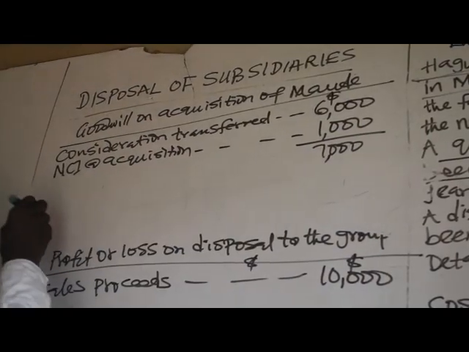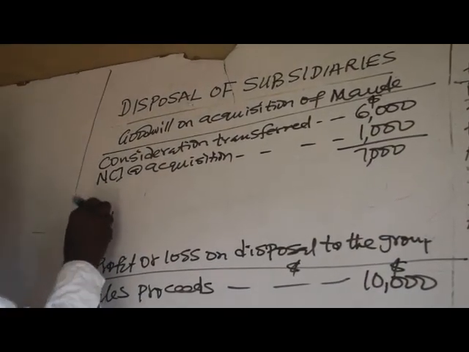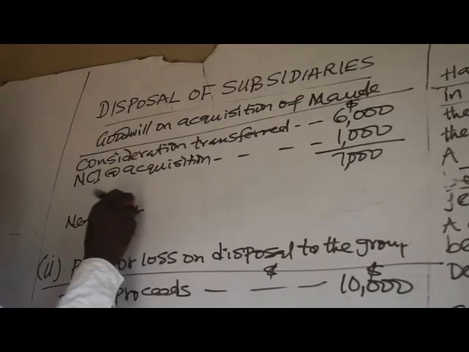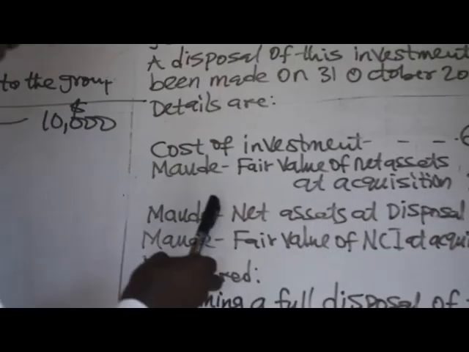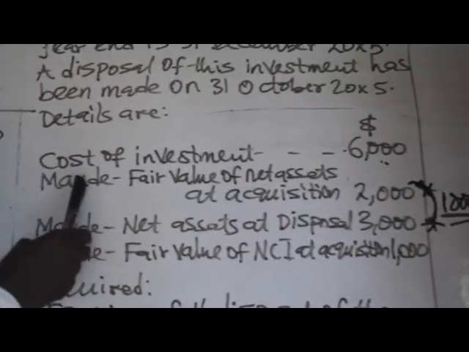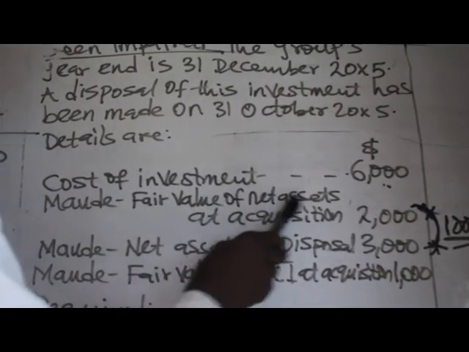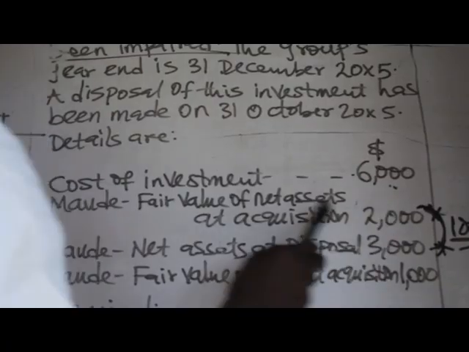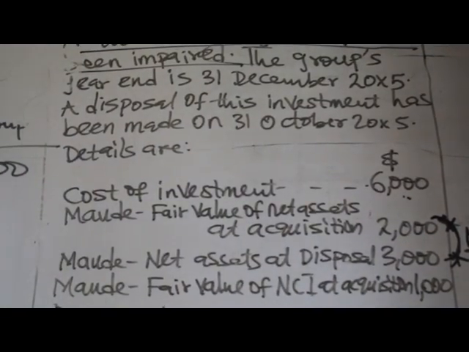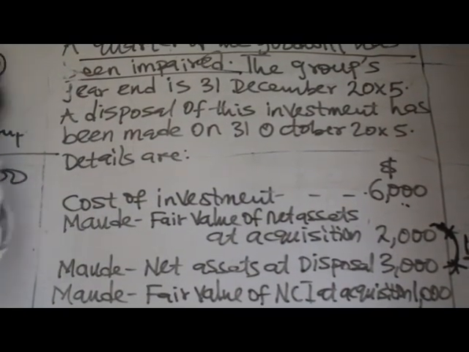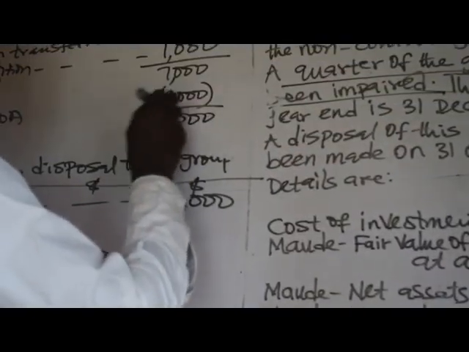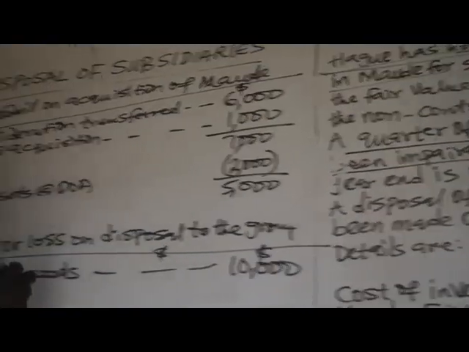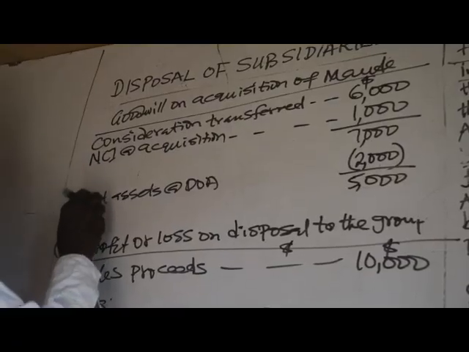Then from this you now less net assets at the date of acquisition. How much is the net asset of Mild at acquisition? Mild's fair value of net asset at acquisition is given to be 2,000. By the time you subtract 2,000 from 7,000, you'll be left with 5,000. That is the goodwill.